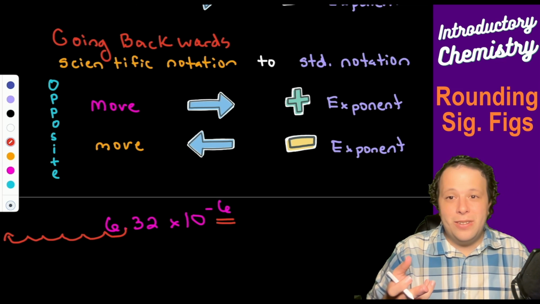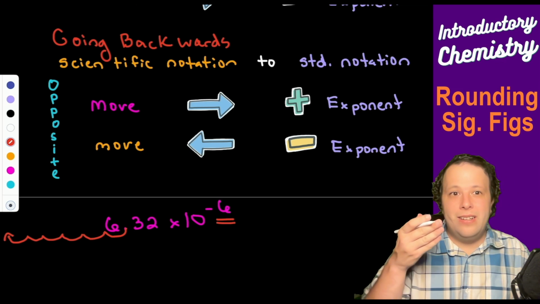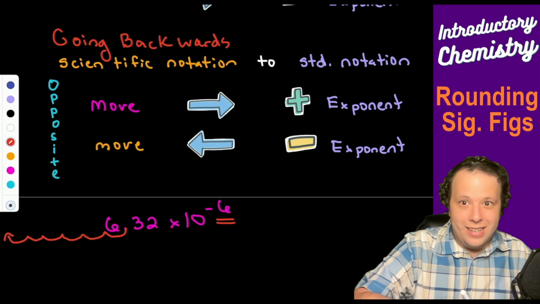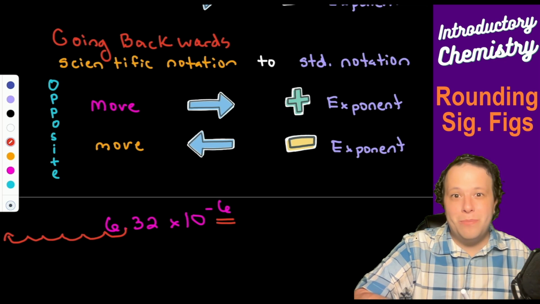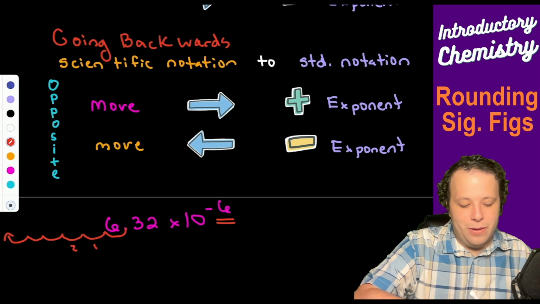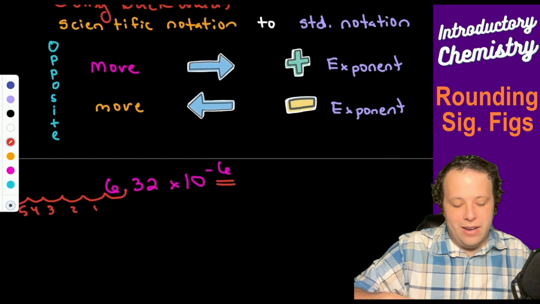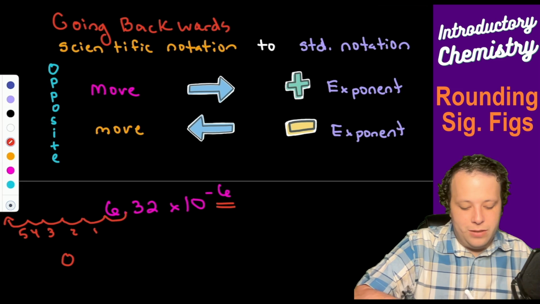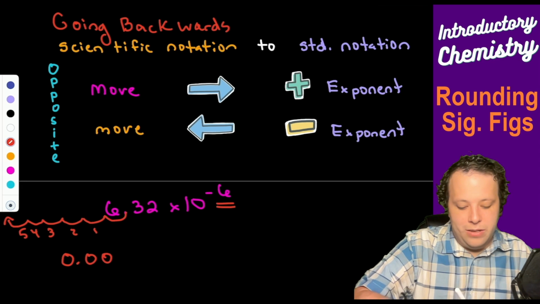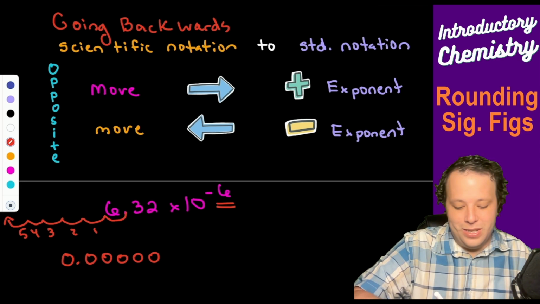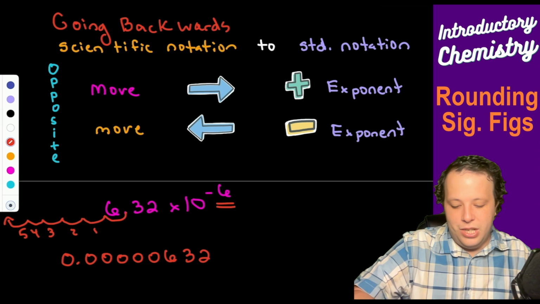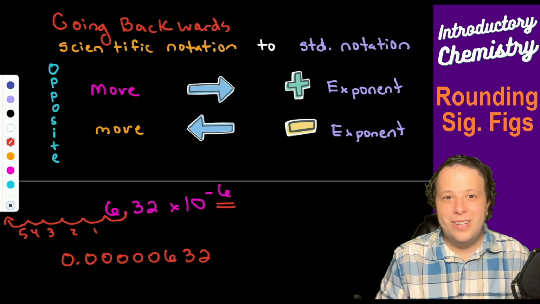So as we're filling in all those numbers, those are all going to be zeros that are going to be added in front of this as that decimal place moves. So we can count that, right? We have 1, 2, 3, 4, 5 zeros that will be out front. So this will be 0.000000632 would be your number here.